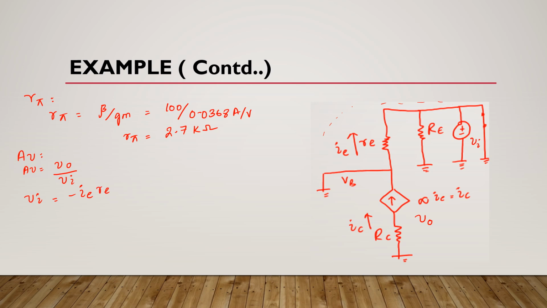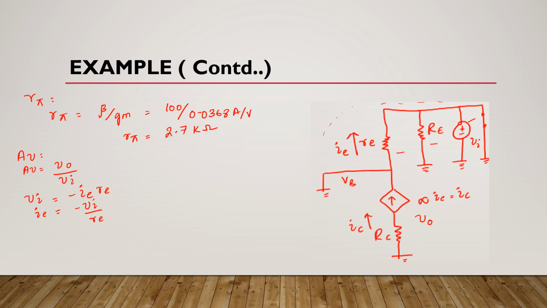This negative sign is here because as you can see this direction of emitter current is against these polarities. So this is represented by this negative sign. It means here small signal emitter current will be equal to minus VI divided by RE because we know that voltage in parallel configuration remains same. It means here voltage in this branch and in this branch will also be VI.